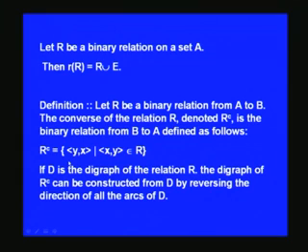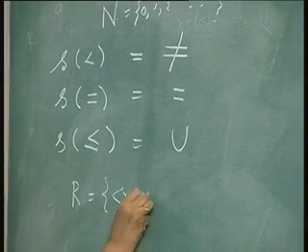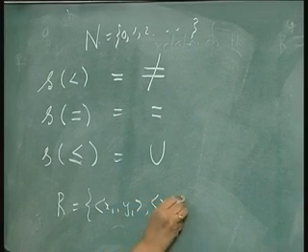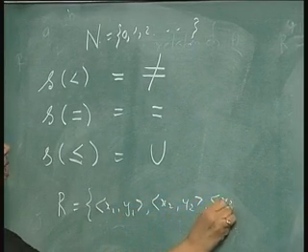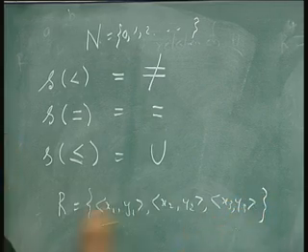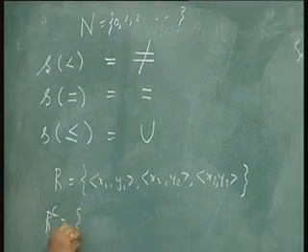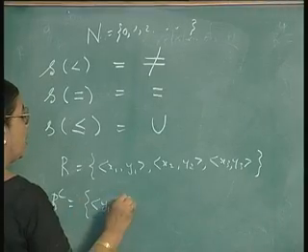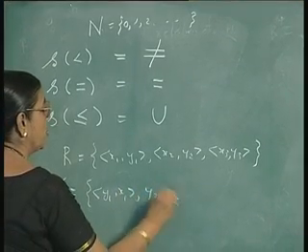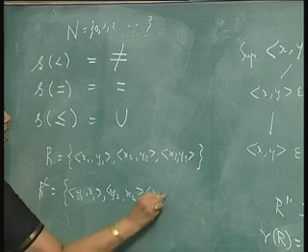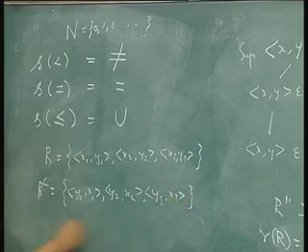RC consists of ordered pairs yx such that xy belongs to R. So, suppose I have a relation R consisting of, say, 3 pairs x1 y1, x2 y2, x3 y3. RC will consist of y1 x1, y2 x2 and y3 x3, all with the order reversed.